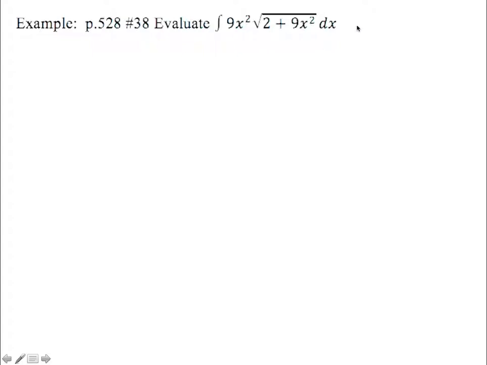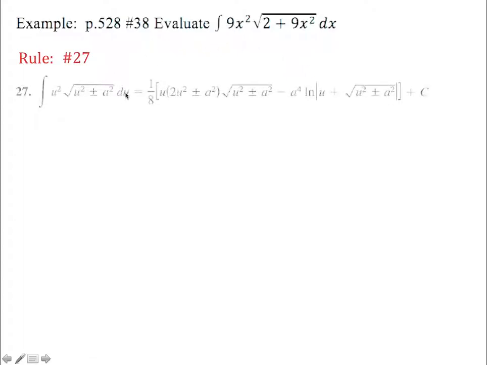Okay, so this one has some interesting characteristics. We've got a 9x squared inside and outside the radical. So when we look at the integration tables, we see that this is rule 27, which has this form of u squared times the square root of u squared plus or minus a squared, and this is a plus.